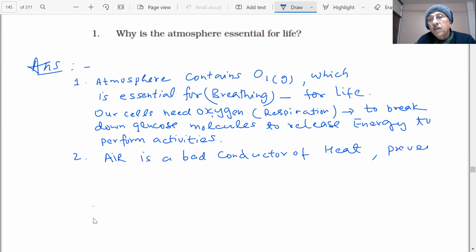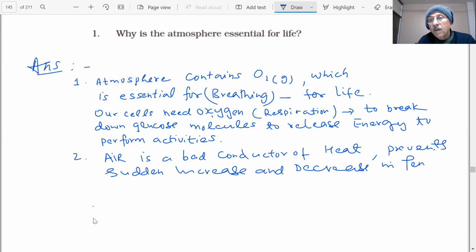Prevents sudden increase and decrease in temperature. If there is a very sudden increase or decrease in temperature during daytime and night, what will happen then? Then life will become difficult.